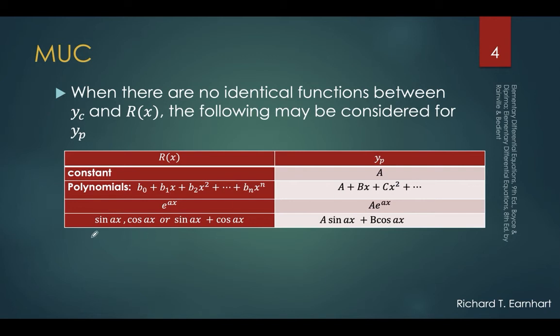So let's say, for example, if you have x, or rather ax, or 2 minus 3x, both will have a plus bx. And then if you have x squared, x squared minus 3x, or x squared plus 12, both will have a plus bx plus cx squared. Okay.